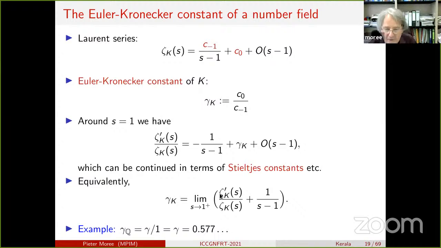In essence, it's the constant part of the logarithmic derivative. You take this limit and you get this constant here. This is basically the way I like to think about the Euler-Kronecker constants. You can do this game for the Riemann zeta function, and then you get gamma here.